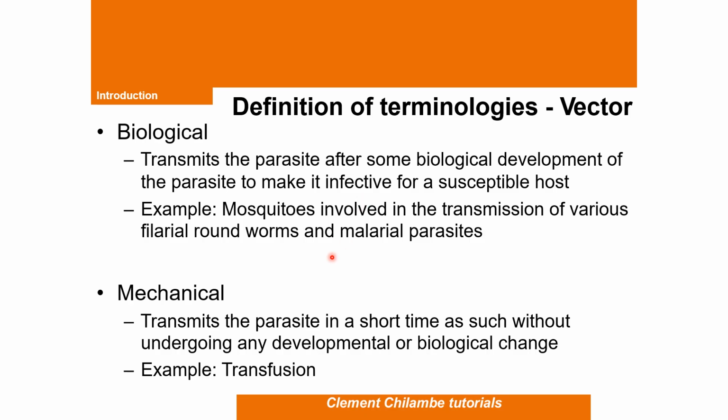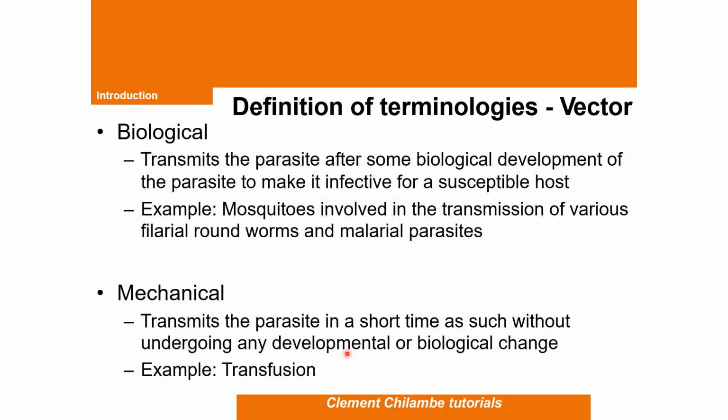So it needs to develop first. An example is a mosquito. Remember the life cycle in a human and also in the mosquito itself. Mosquitoes are involved in the transmission of various filarial roundworms and malaria parasites. Since they have the life cycle, we have the biological development of that parasite. And then we have the mechanical.